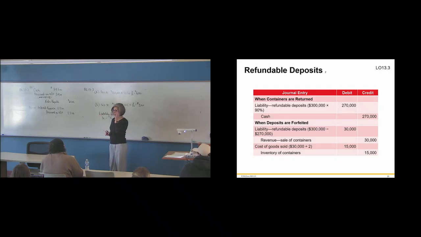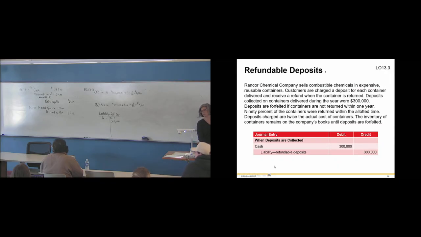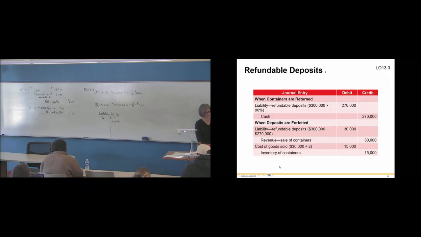So what happens in this case, and again, if you go back to the original journal entry, how much cash did you get? Well, you got 300,000, right? And you created a liability because you owe somebody something unless they don't do something for you, which is return those containers. So, and actually I think I'll do cash here too. Right, so that's our first journal entry.